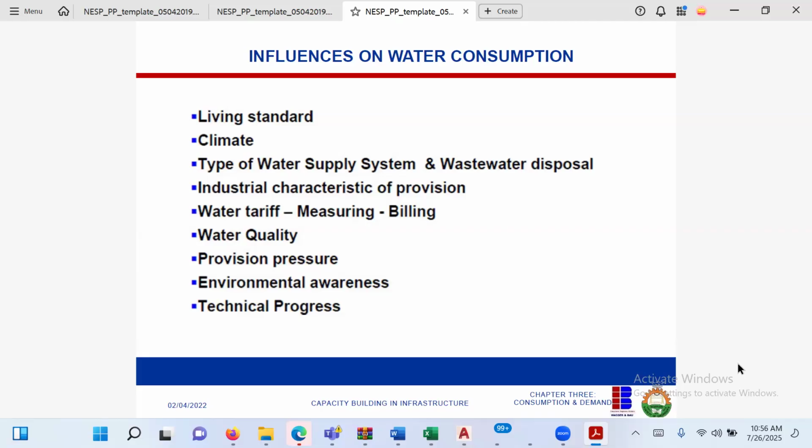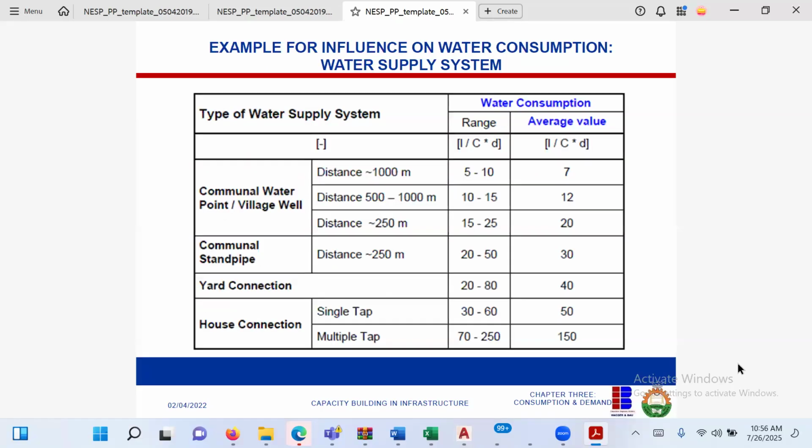Then you have the water tariff. If the billing and the water tariff is high, people will manage how they use water. That is known. If the water quality is poor, less use of water. If the pressure is poor, less use of water. If you create the right environmental awareness, there will be more use of water. Then technical progress.